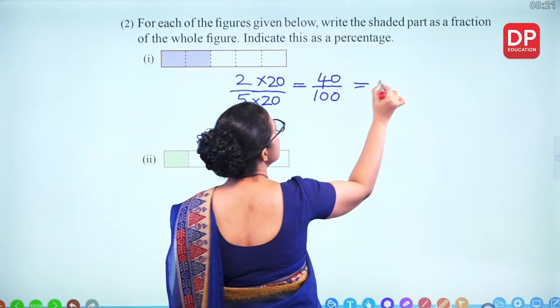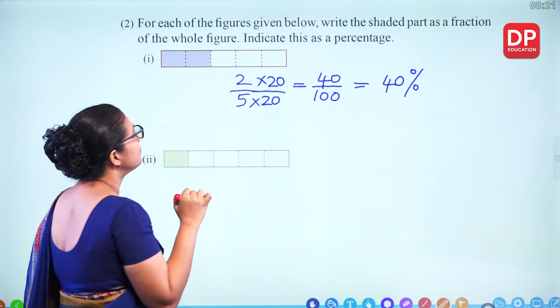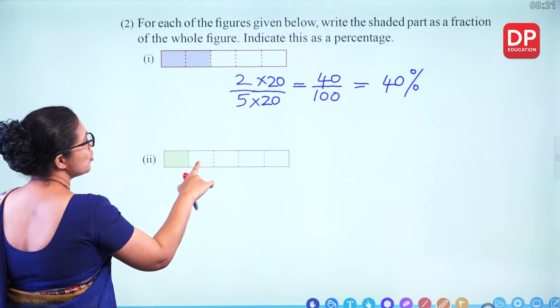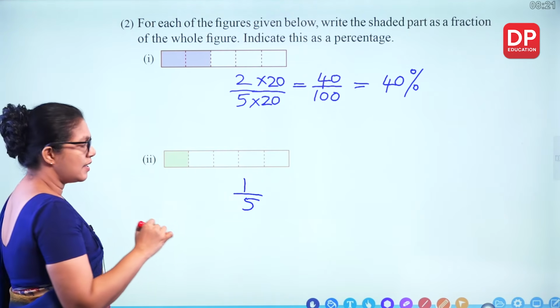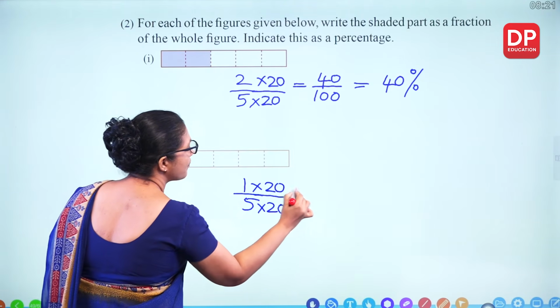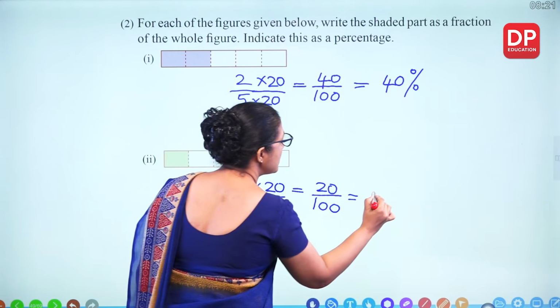So that means this is 40%. Next, 1, 2, 3, 4, 5. Out of 5 parts, 1 part is shaded. Multiply by 20 to get 100 in the denominator. You get 20 over 100. So 20%.